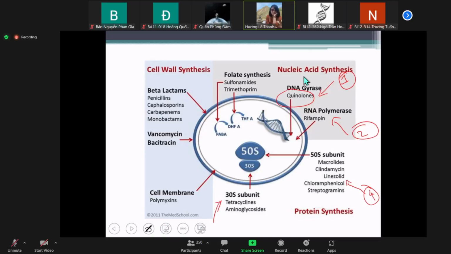And for cell wall synthesis, just remember penicillins 6. So they are 5 categories of antibiotics that I recommend you remember based on the mechanism of action.